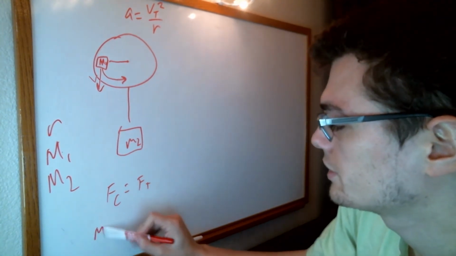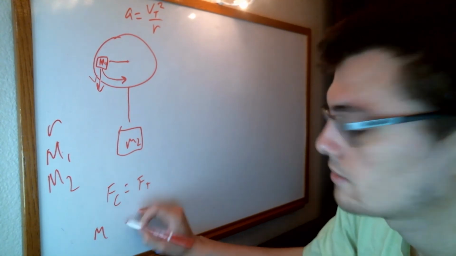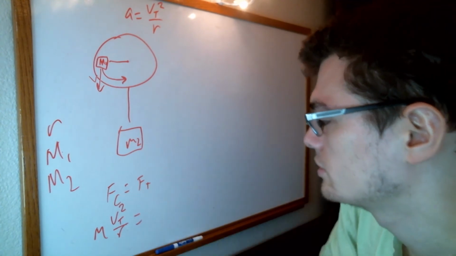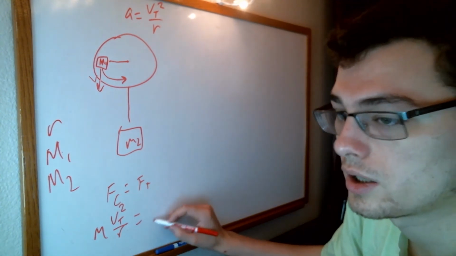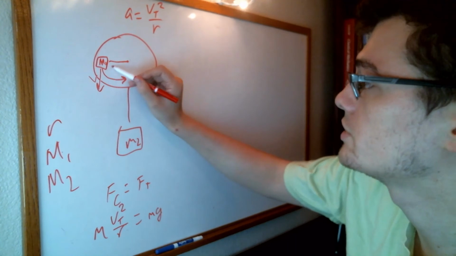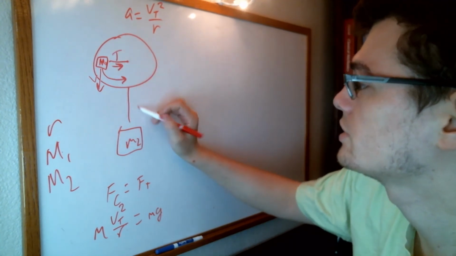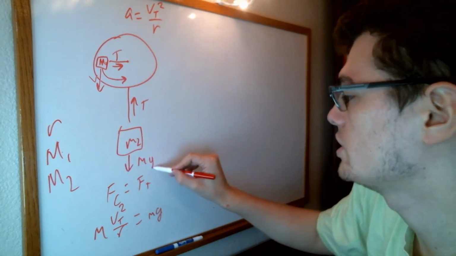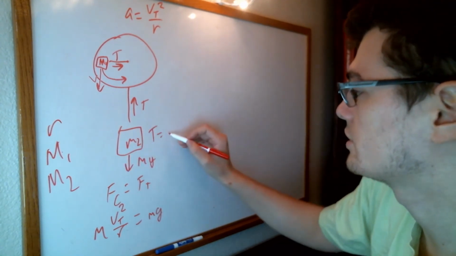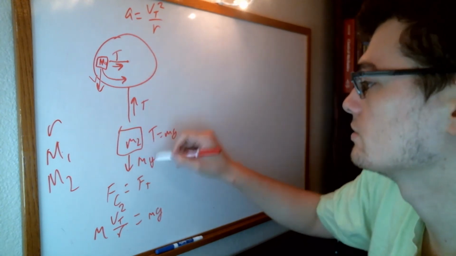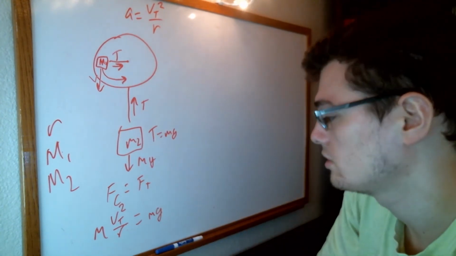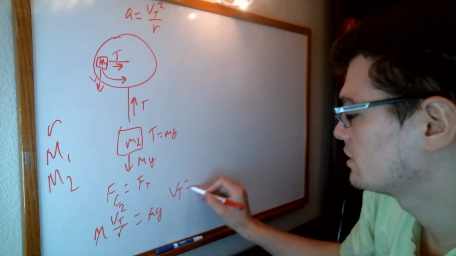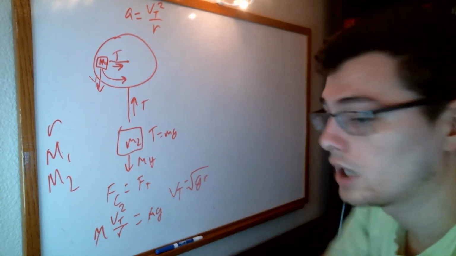And so then this is going to equal mVT squared over R, which is going to equal mg, because T in this case is going to point inwards, and then the weight here is going to be outwards, and then you're going to have an mg here. So then T is going to be equal to mg. So then masses cancel, so then vt is equal to the square root of gr.